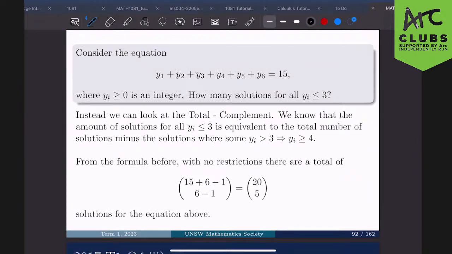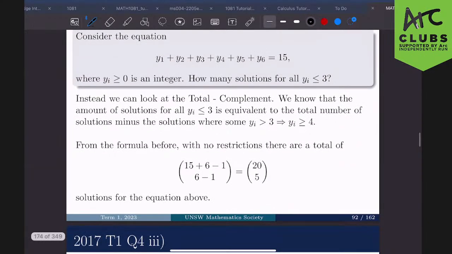Usually what we do when we're working out this less than or equal to is find the total minus the greater than. That is the traditional way that we do it.